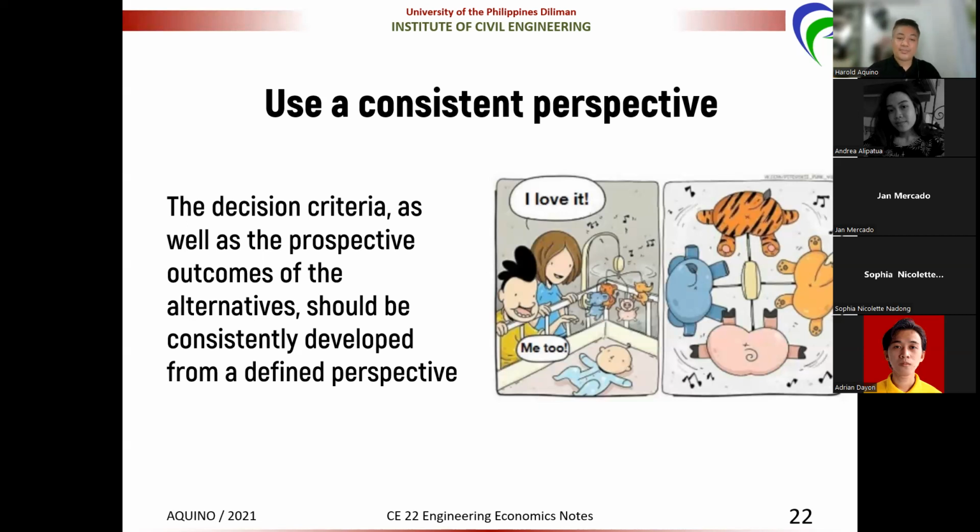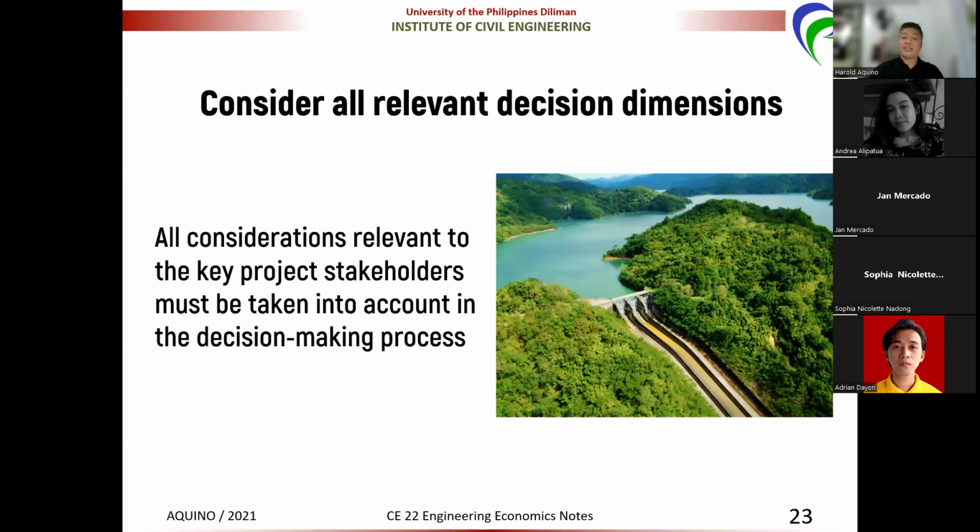All right. So use a consistent perspective. Second is that we should consider all relevant decision dimensions. No? So it's important that all relevant project stakeholders are considered and all the considerations important to them are taken into account in the decision-making process. All right?